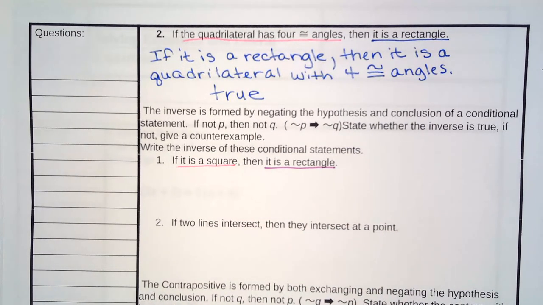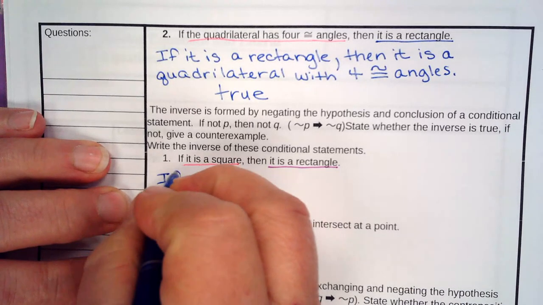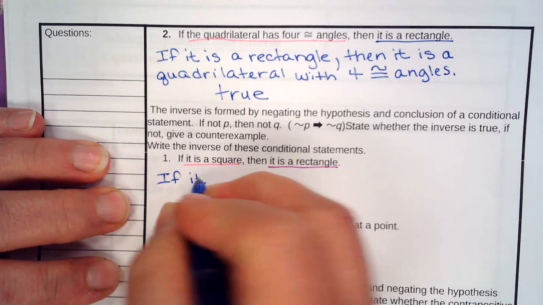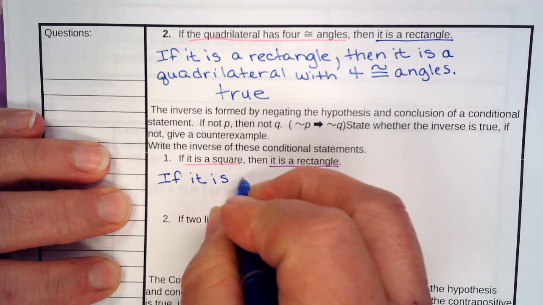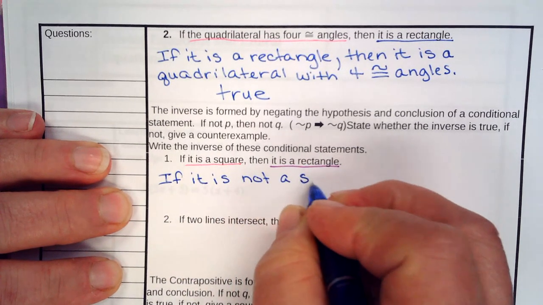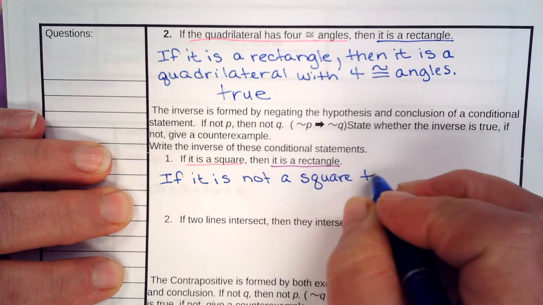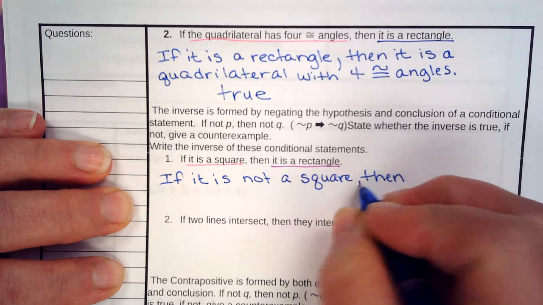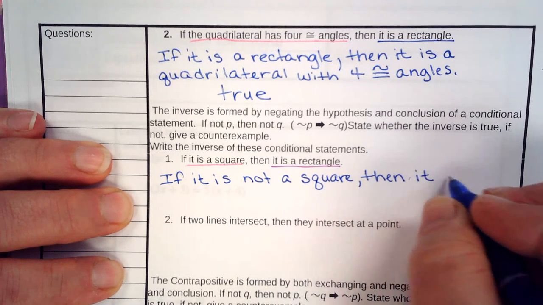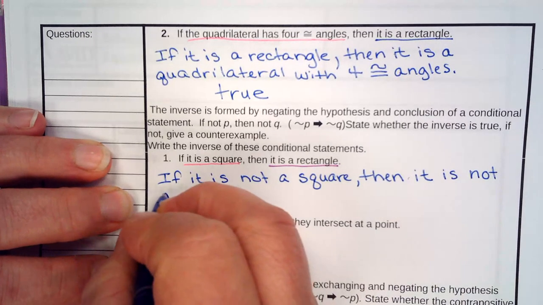Okay, so let's negate both. That means we're going to change them into not. If it is not a square, then it is not a rectangle.